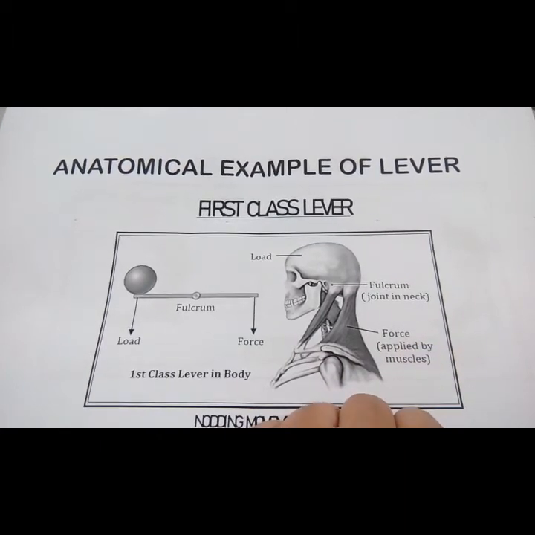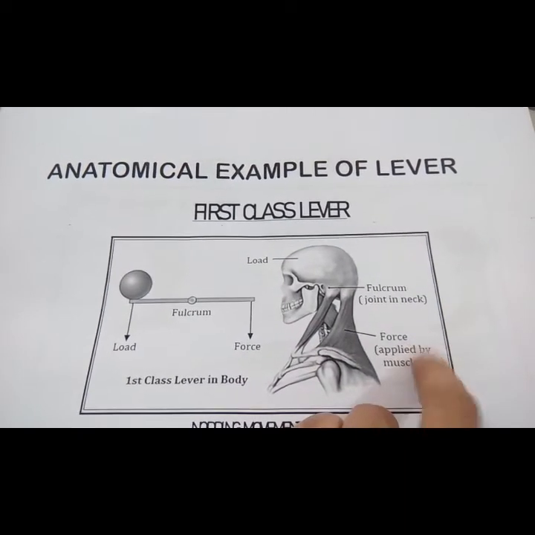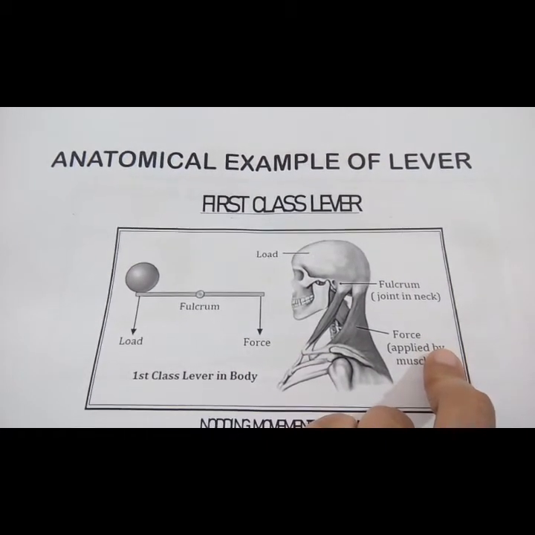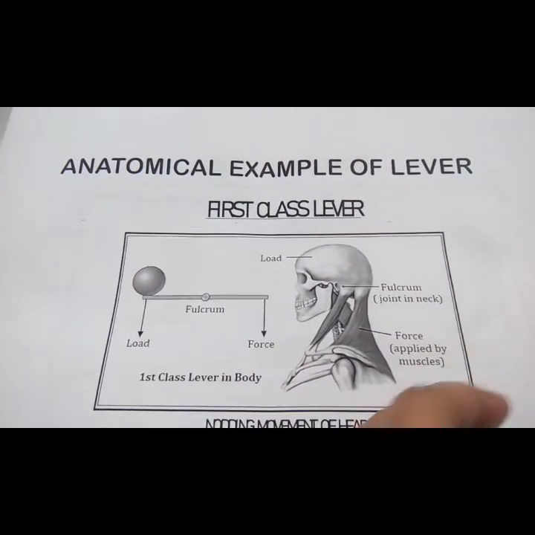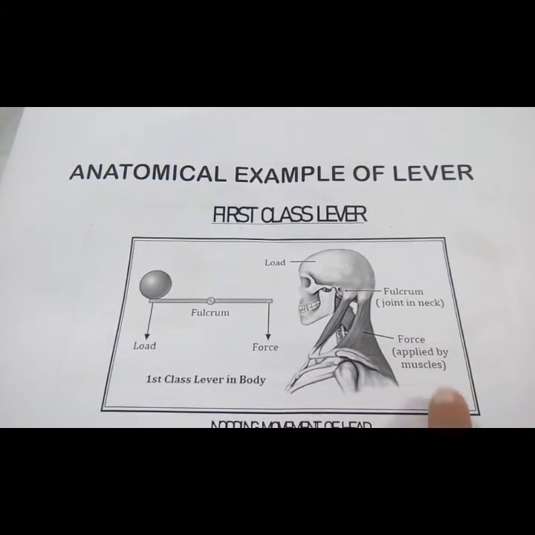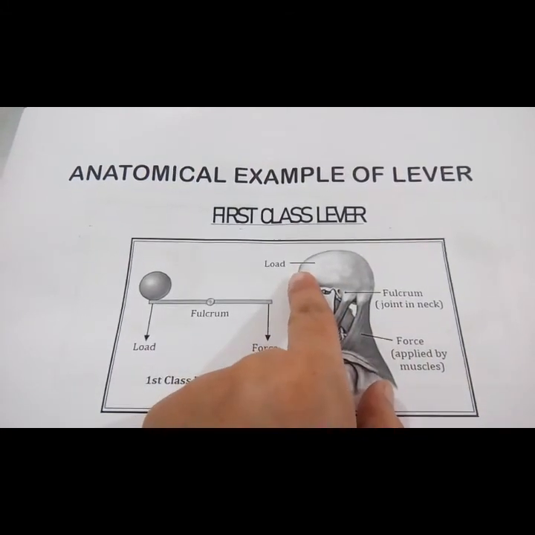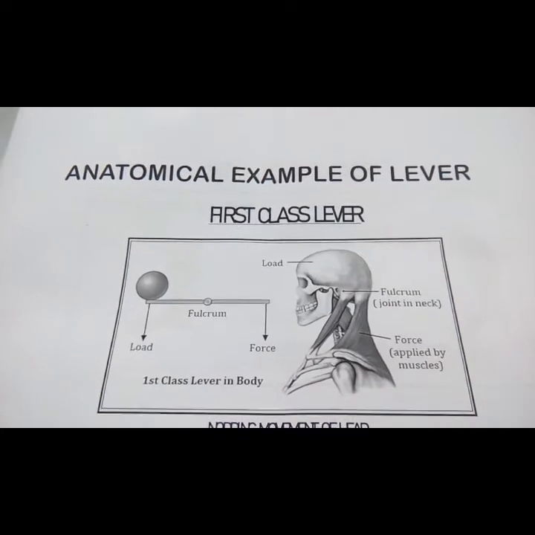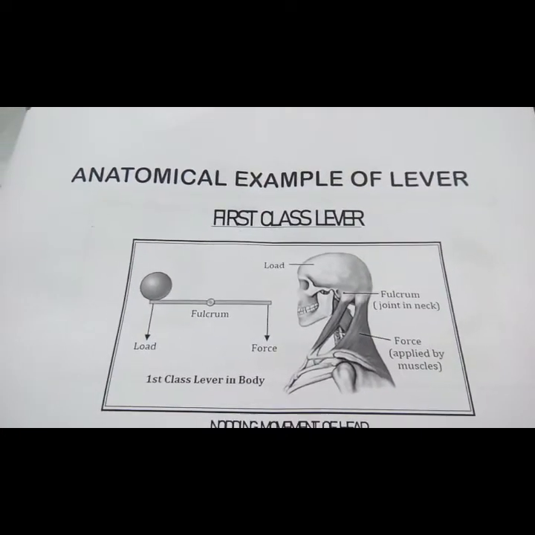Your skull is the lever arm, and the neck muscles at the back of the skull provide the force, the effort, to lift your head up against the weight of the head, the load. When the neck muscle relaxes, your head nods forward.